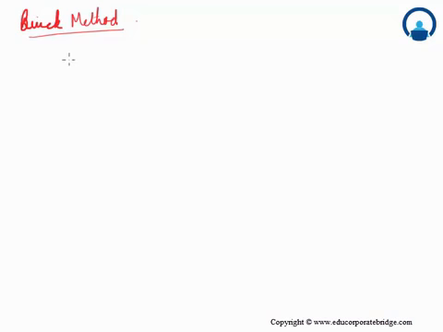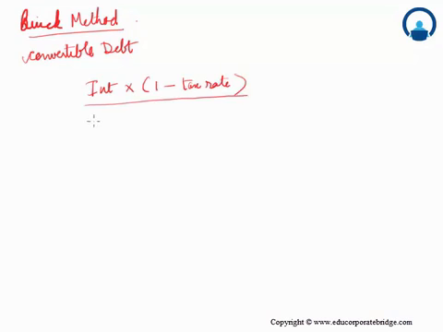What is the incremental impact due to convertible debt in the numerator of the EPS? That is interest multiplied by 1 minus the tax rate. What about the denominator? The incremental impact is the additional shares that are issued because of conversions.